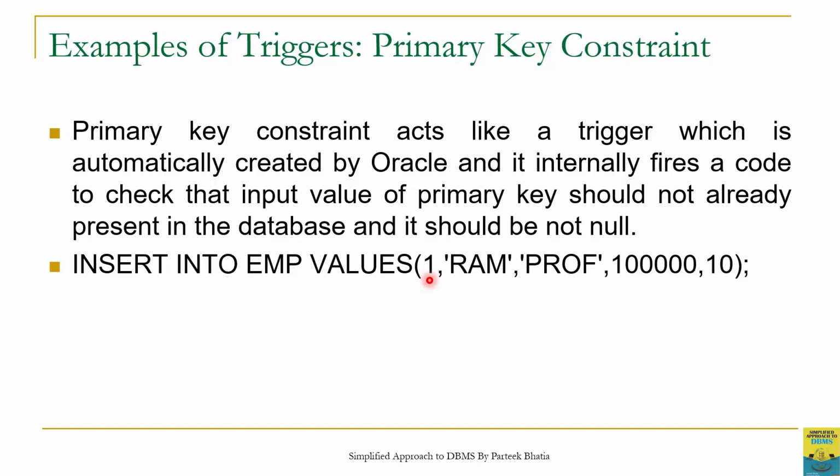So Oracle will internally check the presence or absence of this record in the emp table. If this E number is already present in the employee table, then this insert statement will raise an error. But if there is no record of emp number 1 in the database, then this insert statement will be allowed.